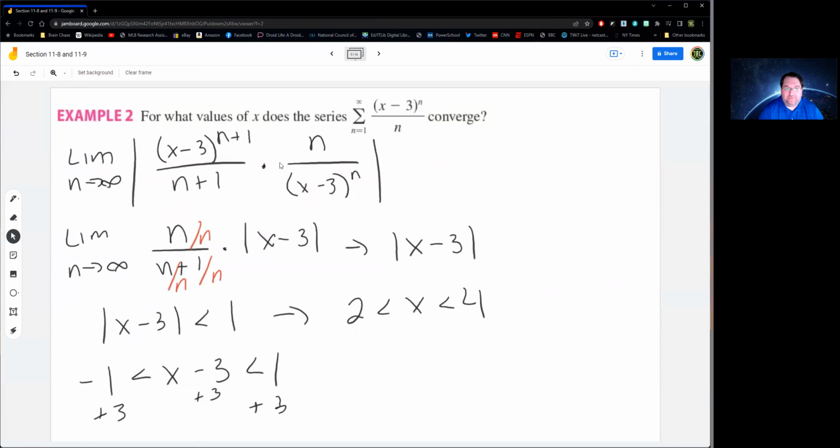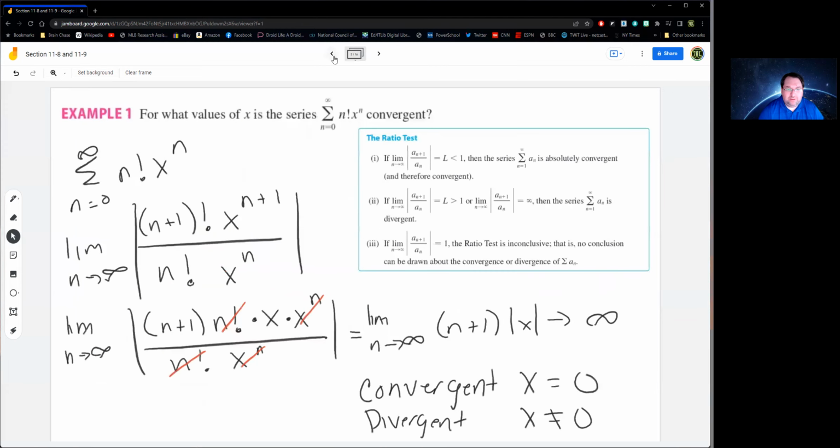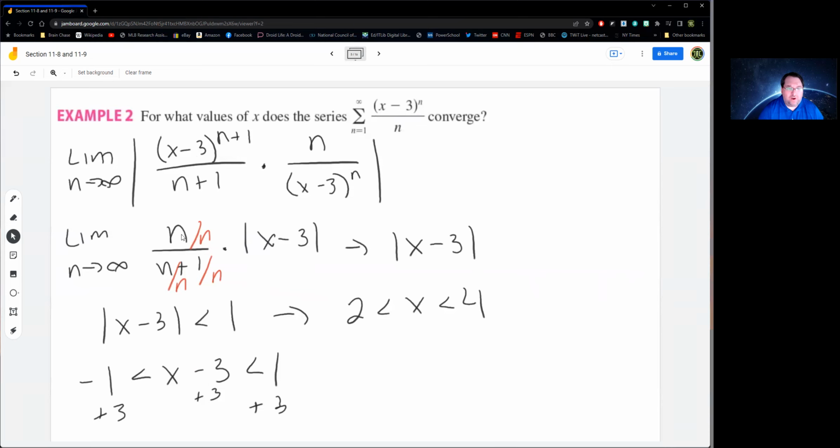It was when it was 1 over n. If that was just 1 over n and this went to 0, it would converge for all values because it would just be going to 0. So depending on what the thing in front of it is with the n's, it could go to 0 and basically be all values.